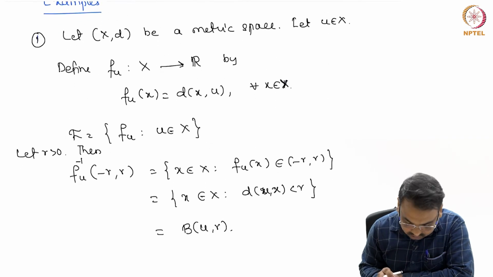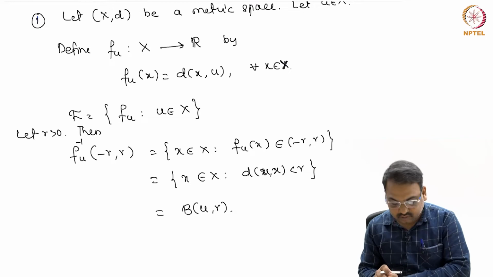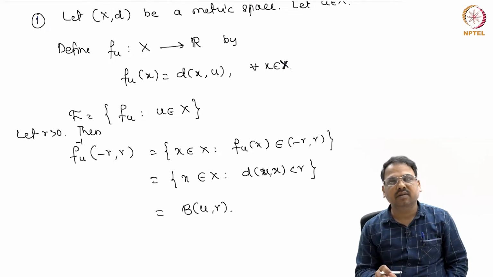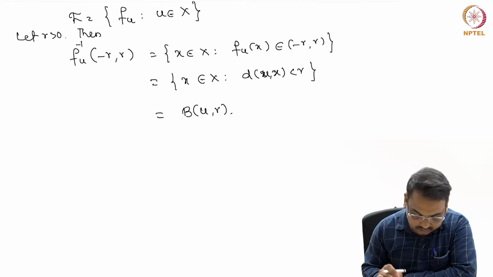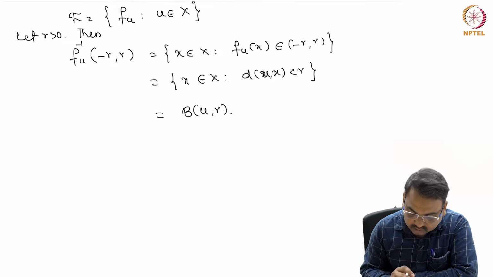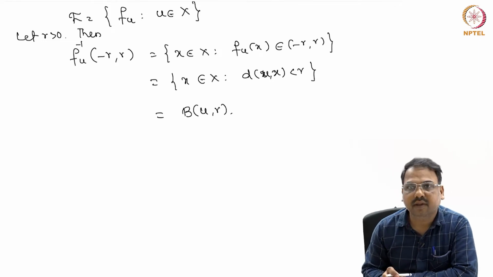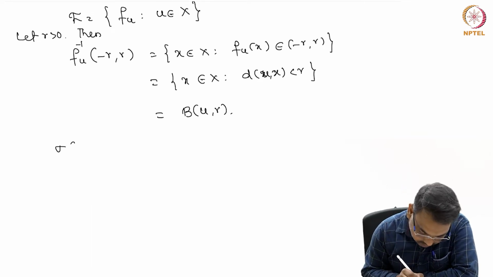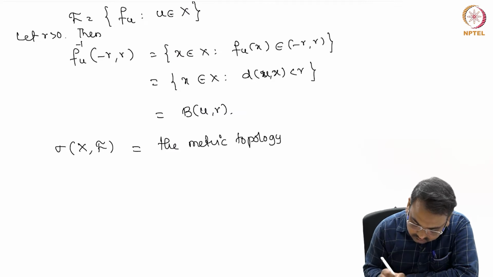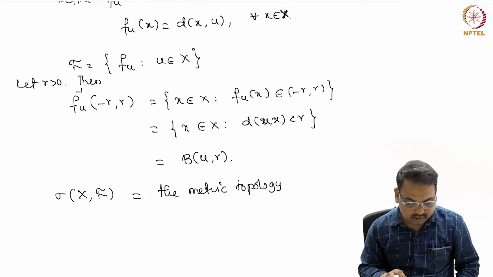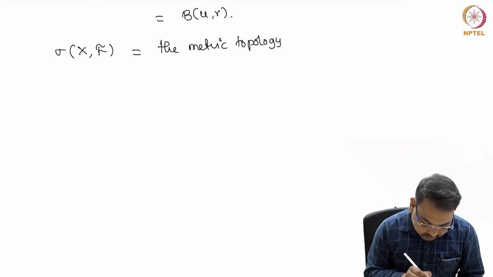Of course, in the complex field, if instead of the interval you take C, then you will get the ball centered at u with radius r. Otherwise, we get the interval (minus r, r). Now that means the topology generated by these balls centered at various points is nothing but the metric topology. So sigma(X, F) in this case is the metric topology, which is generated by balls of this kind.